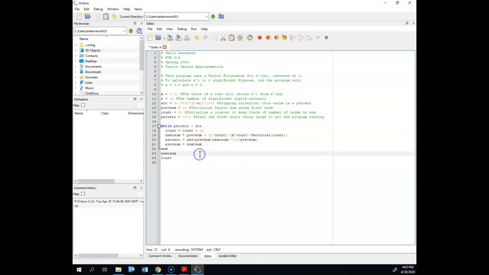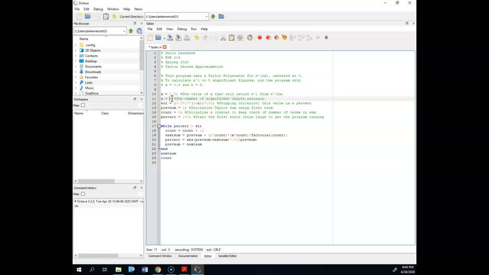And it will keep doing it over and over again until we get 2 successive terms that are within this amount of each other. Then we know for certain that our answer is accurate to 8 significant figures.